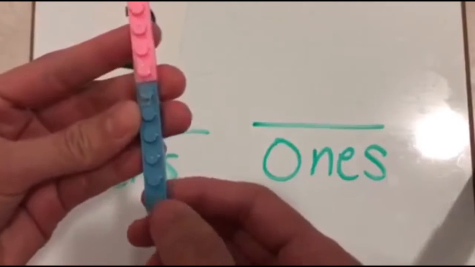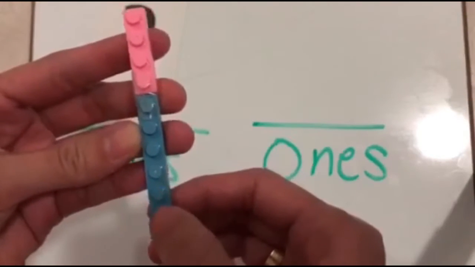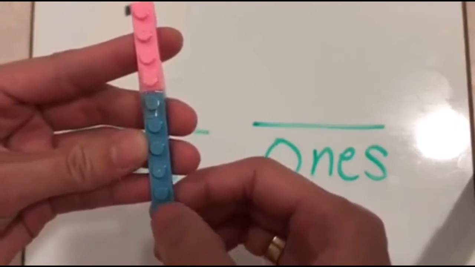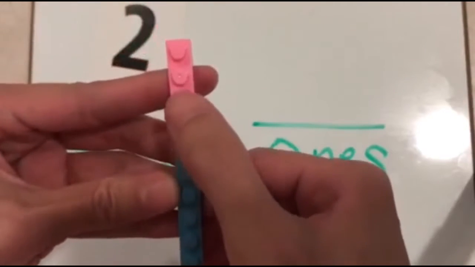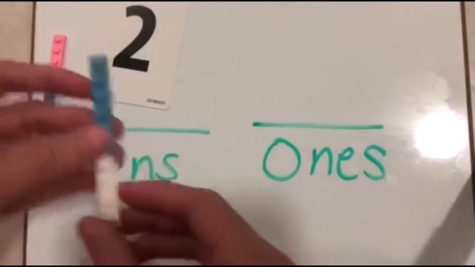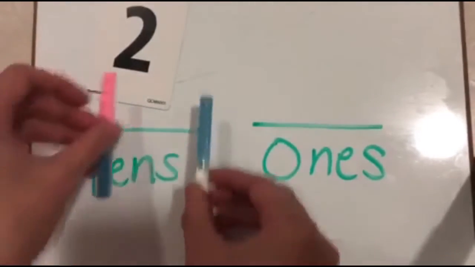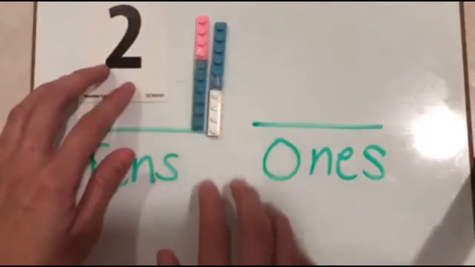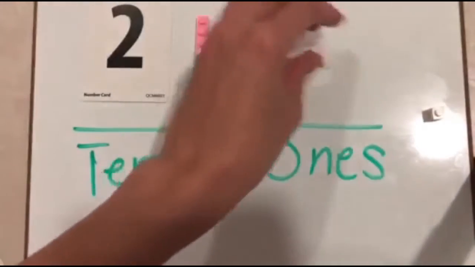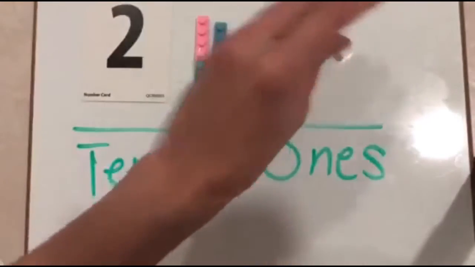So here I prepared a group of Lego, which has 10 dots: 1, 2, 3, 4, 5, 6, 7, 8, 9, 10. So one group of tens and another group of tens. So 1 ten and 2 tens. So that's the value of number 2 in the tens place. So it's very much different from 2 ones.